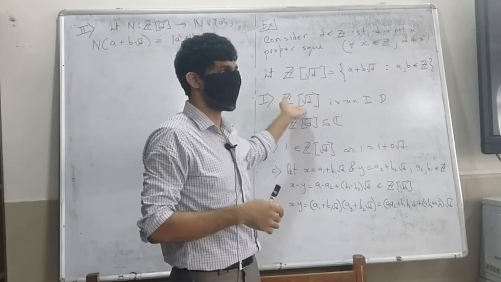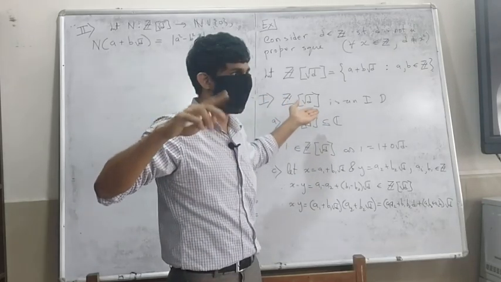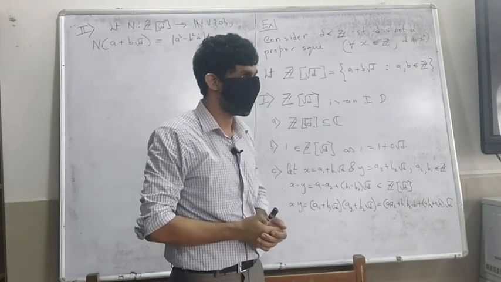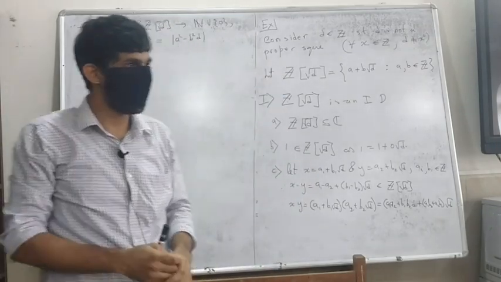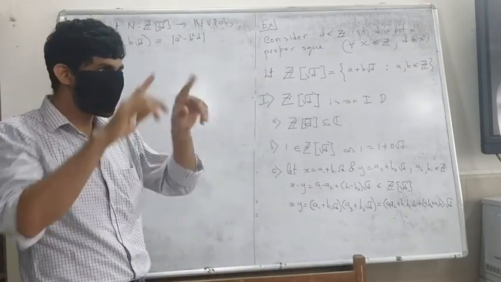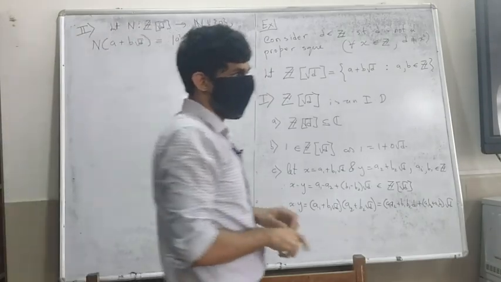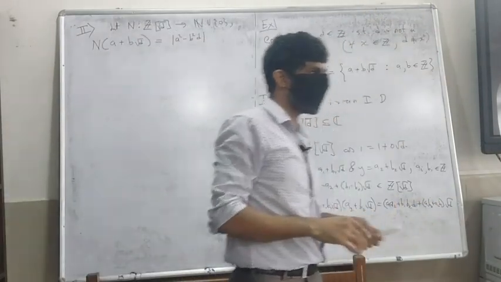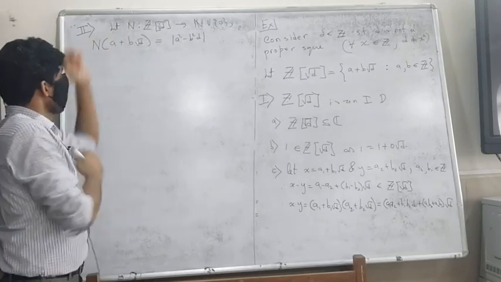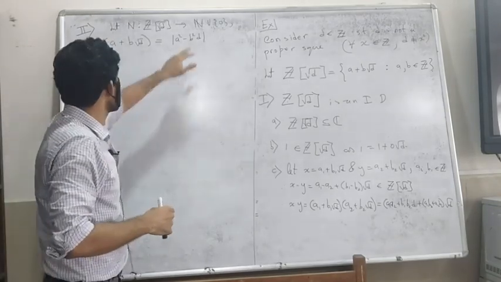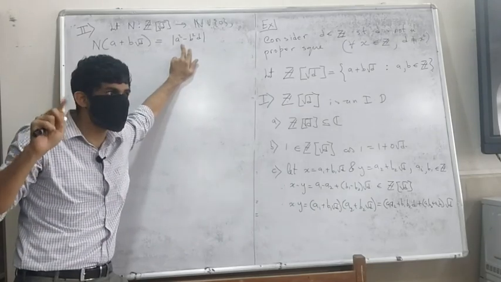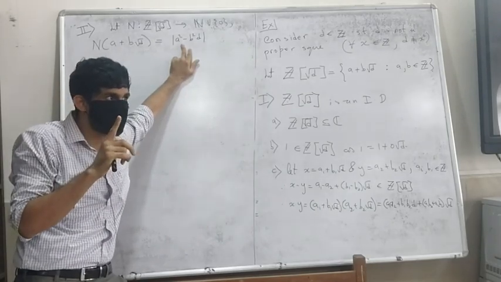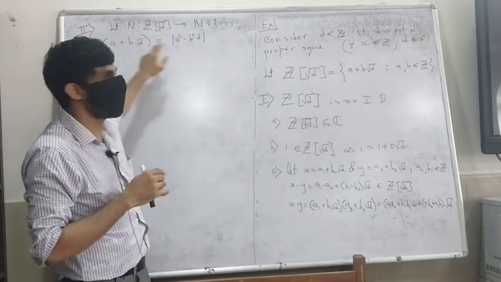What are Gaussian integers? a plus ib, where a and b are integers, right? So it's the lattice points in the complex space. Lattice points means integer comma integer. So when d is minus 1, what does this turn out to be?